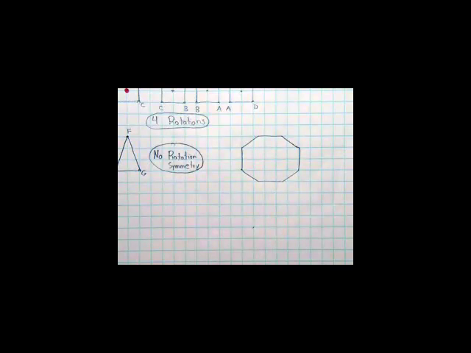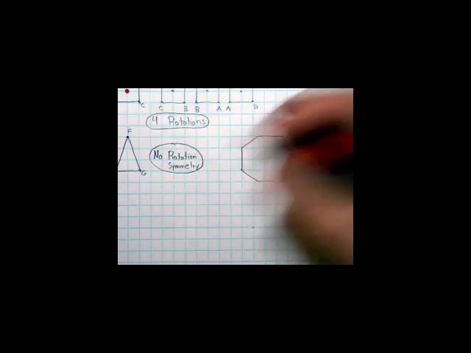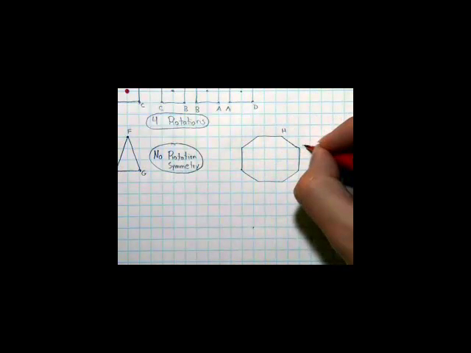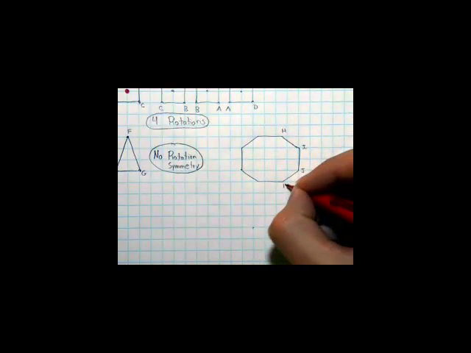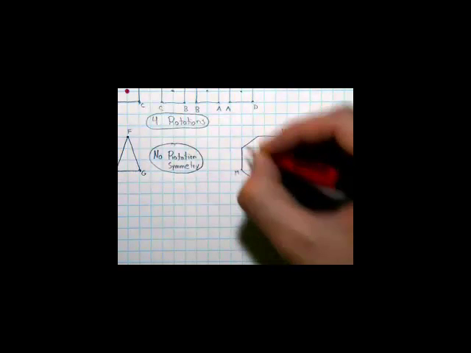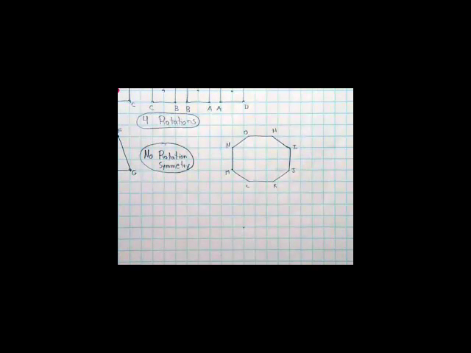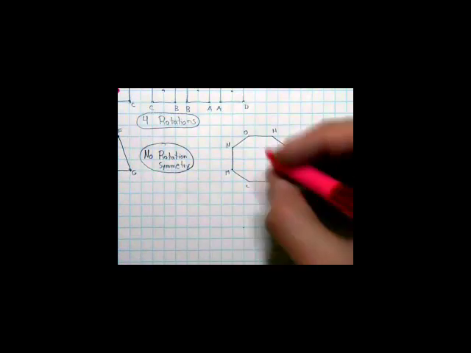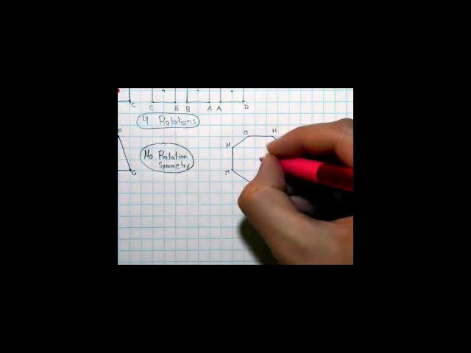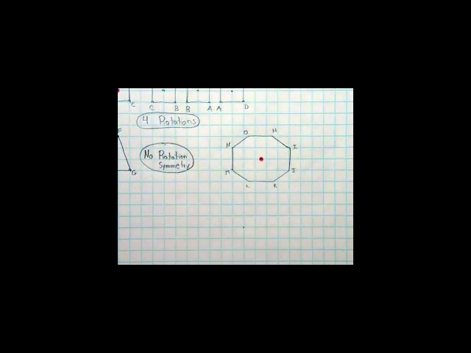So does this one appear as though it has rotation symmetry in it? Okay. And we'll put some letters on here. H, I, J, K, L. And for this one, the point of rotation would be again smack dab in the middle there.